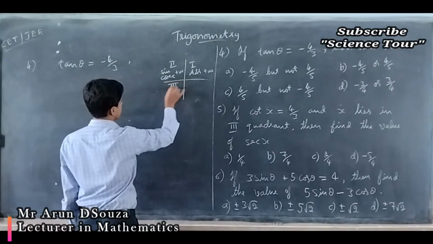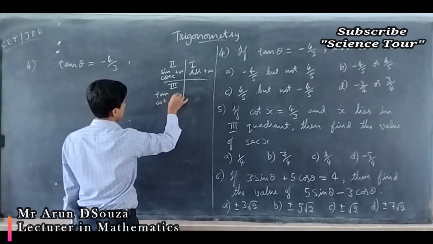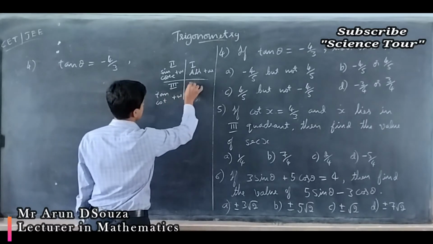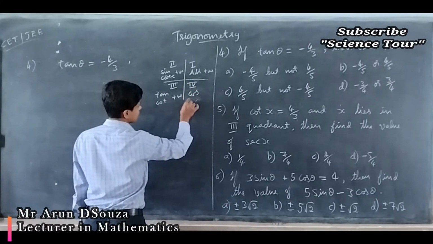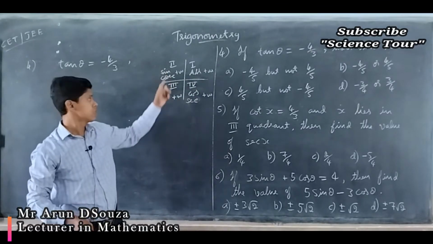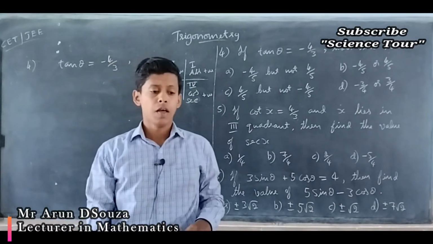In the third quadrant tan and cot are positive. And in the fourth you have cos and secant. All students take coffee. That's the way you can remember it.